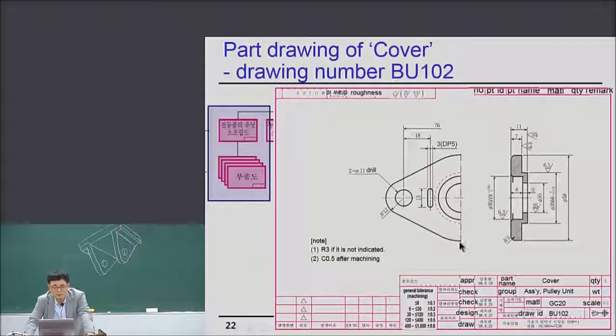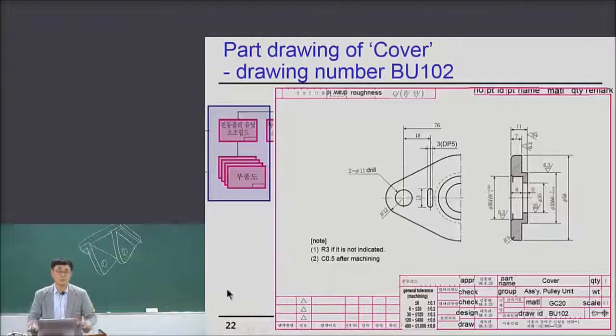Since it's fully symmetric, only the left part of the cover is drawn here. Then the note is very important. If the note is missing, you may generate a very poor part drawing. So note, very important: R3 if it is not indicated.